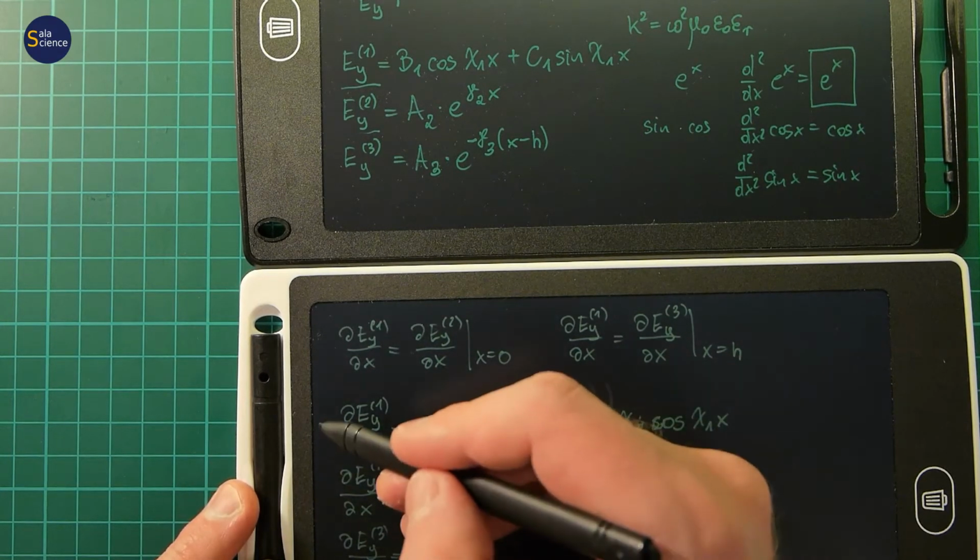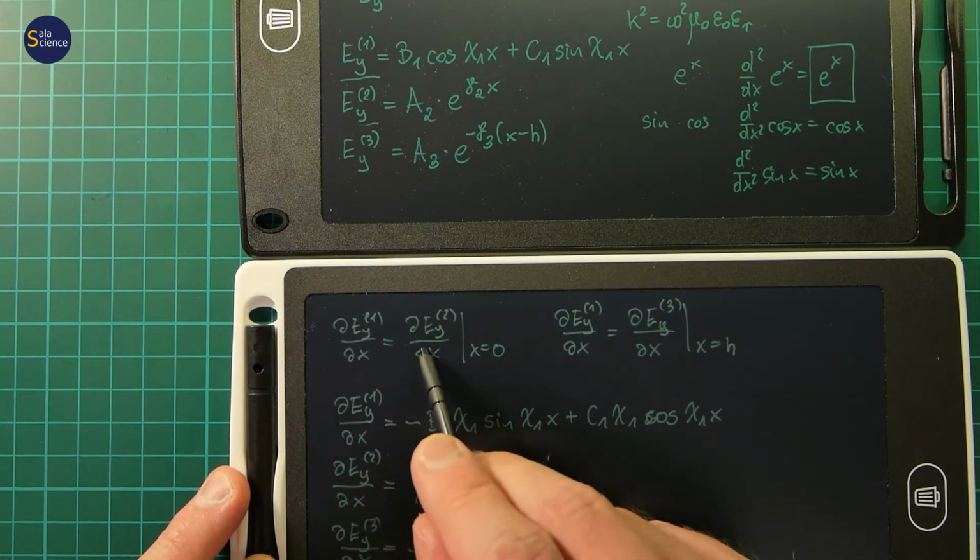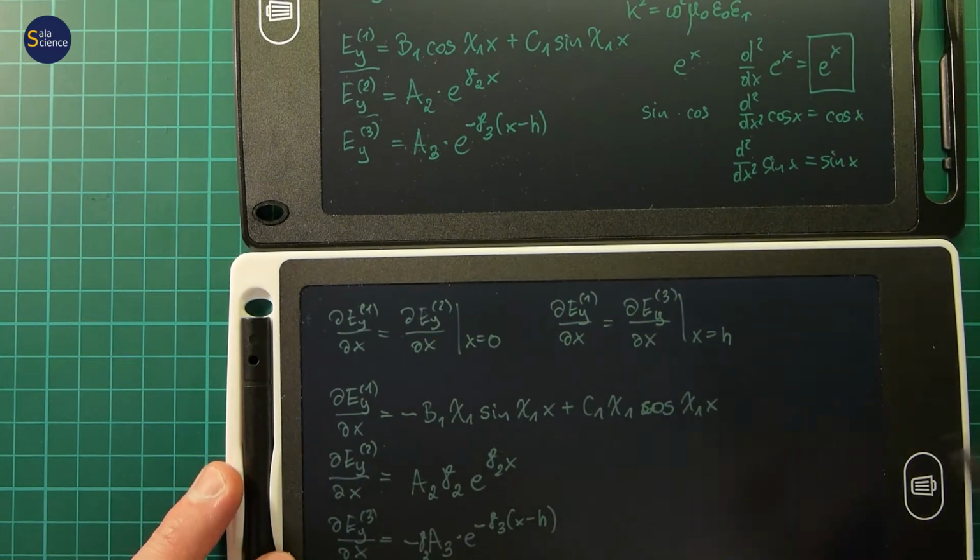Okay, so we have these three derivatives, and now we can use these two relations.